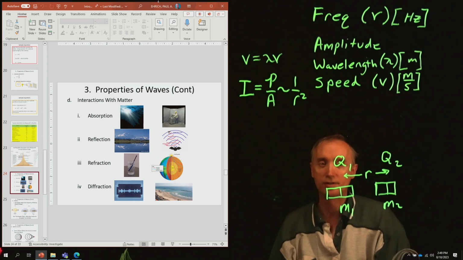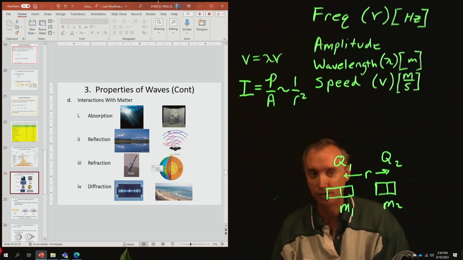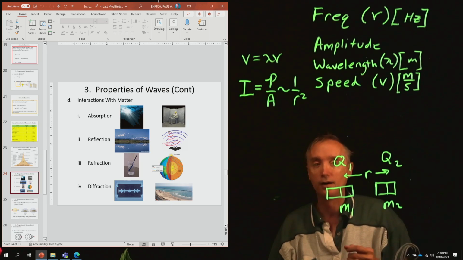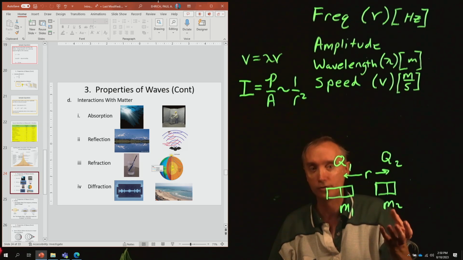It's kind of hard to give a definition of absorption without using the word absorb. You could say that the wave is being taken in by the atoms. The energy that used to be in the light wave is now going into the atoms. In the case of a sound wave, the energy that was in the sound wave is being taken in by the walls.